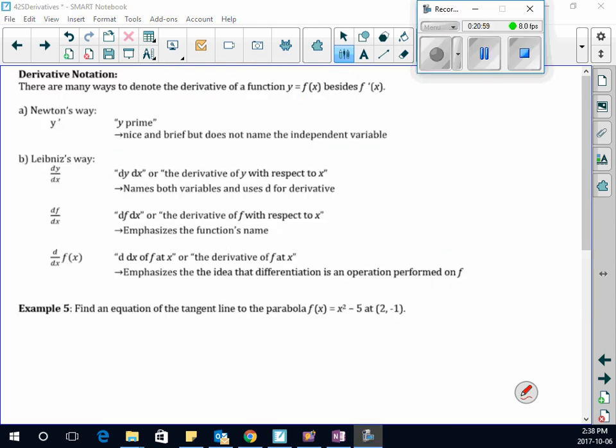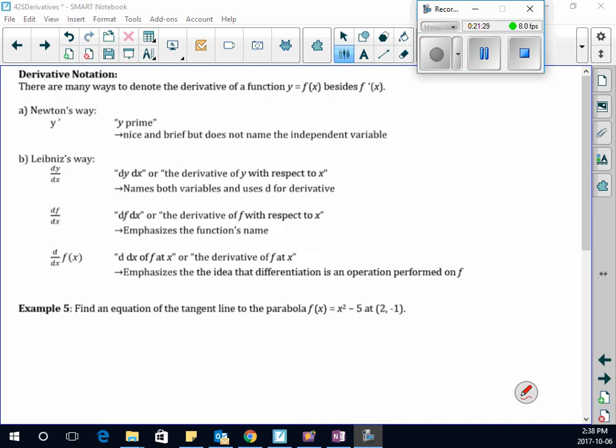Because some people were asking some questions. Derivative notation. There's many ways to denote a derivative. Y equals f of x. We already learned that f prime of x is a derivative. So if you have time, Google the controversy in calculus about who discovered calculus.